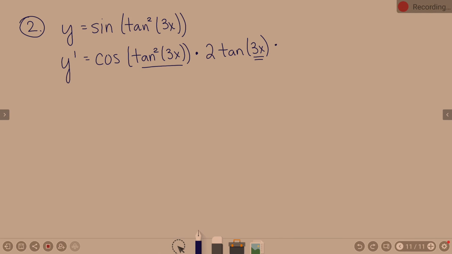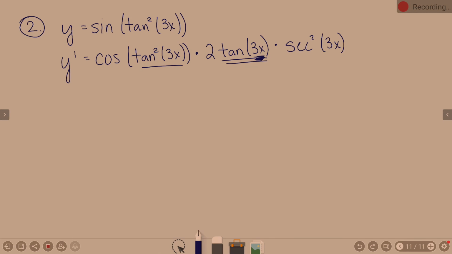Times, what was that something? And this is the part I overlooked. It's so easy to overlook. What was raised to the power of 2 here? Tangent of something. What is the derivative of tangent of something? Secant squared of something.